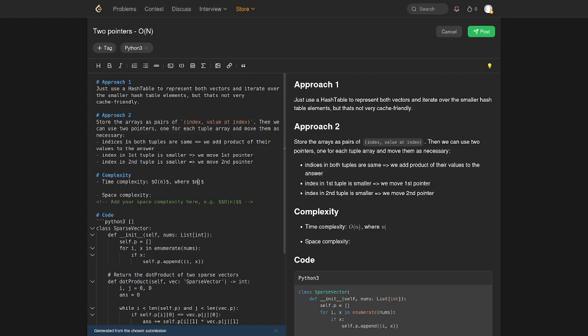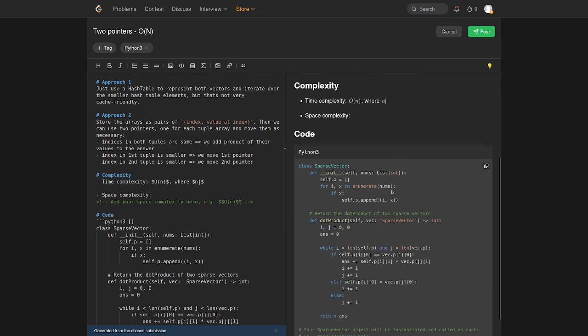I mean, technically the speed is the same. But if you do many queries, many dot products, that's where it should be faster, right? Because I still have to construct it, so I still have to iterate over the whole thing.